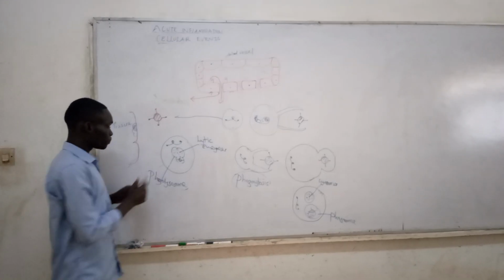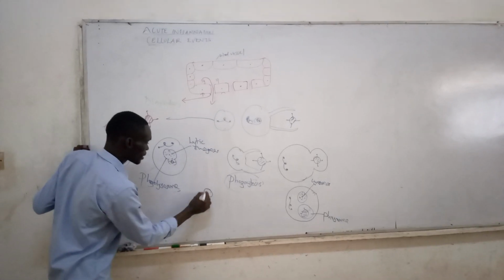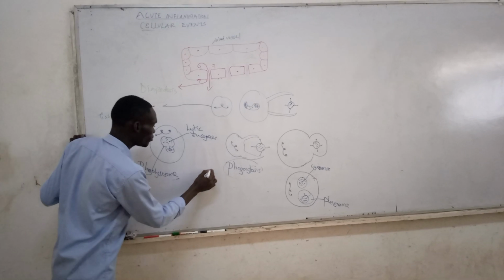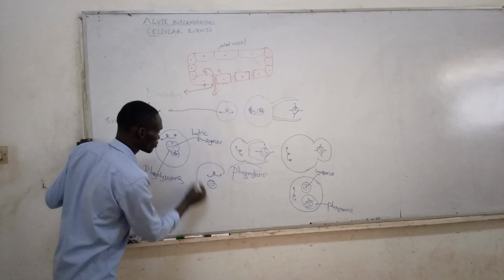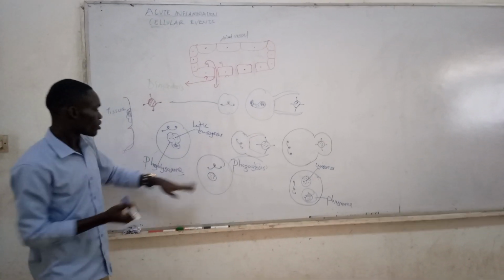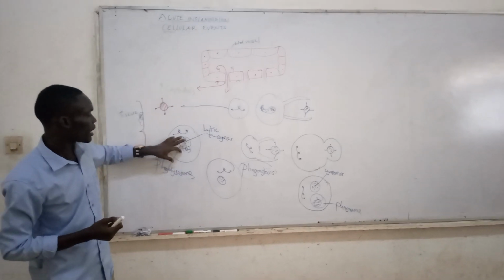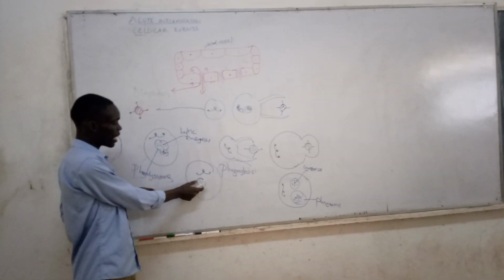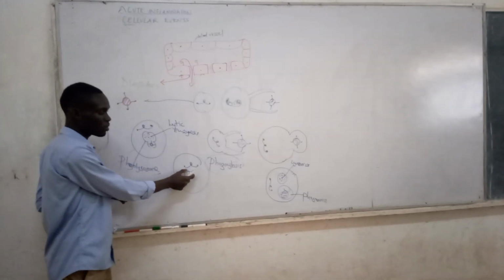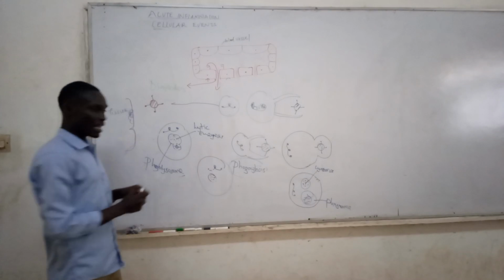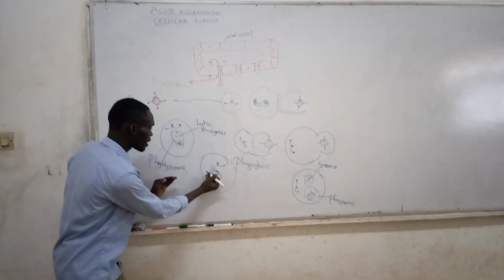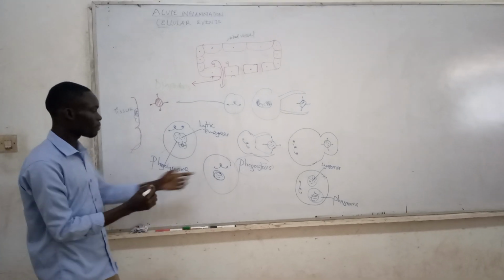So we have the fusion of phagosome and lysosome forming phagolysosome. The bacteria within it has been hydrolyzed, has been broken down. Next thing, we have the phagolysosome now coming towards the membrane.